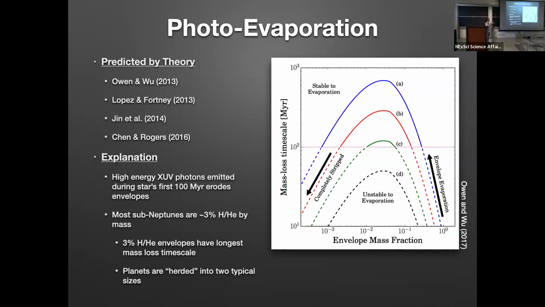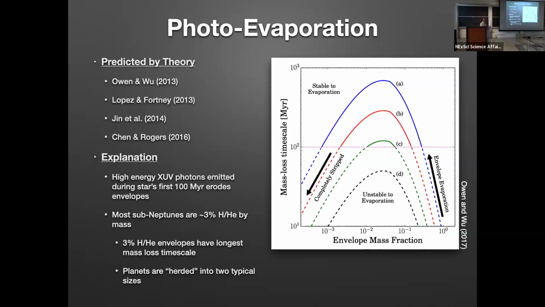You end up somewhere near the middle of this plot where it peaks, and once you get above that horizontal dotted line, that's the 100 million year mark where most solar type stars stop emitting so many extreme ultraviolet photons. So if you started on the right, you're going to get evaporated away up to the point of 100 million years. You'll end up somewhere around that peak with a few percent by mass hydrogen helium envelope.